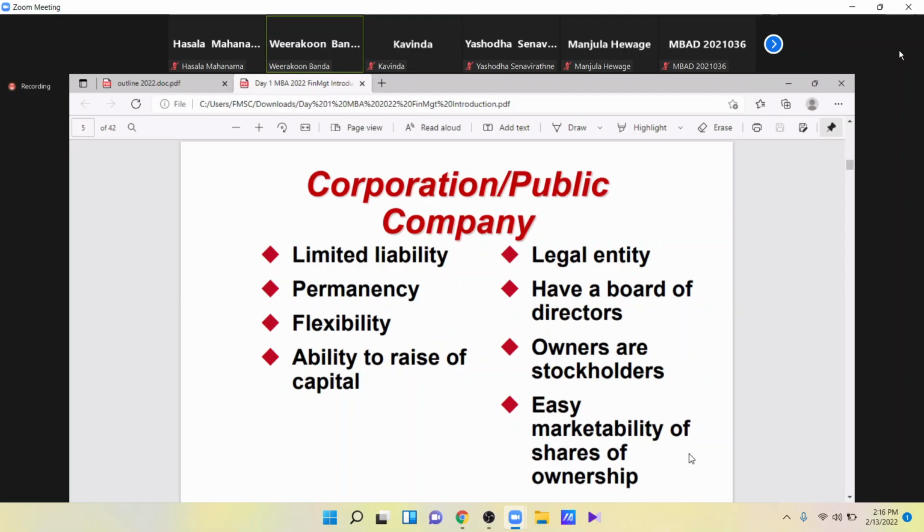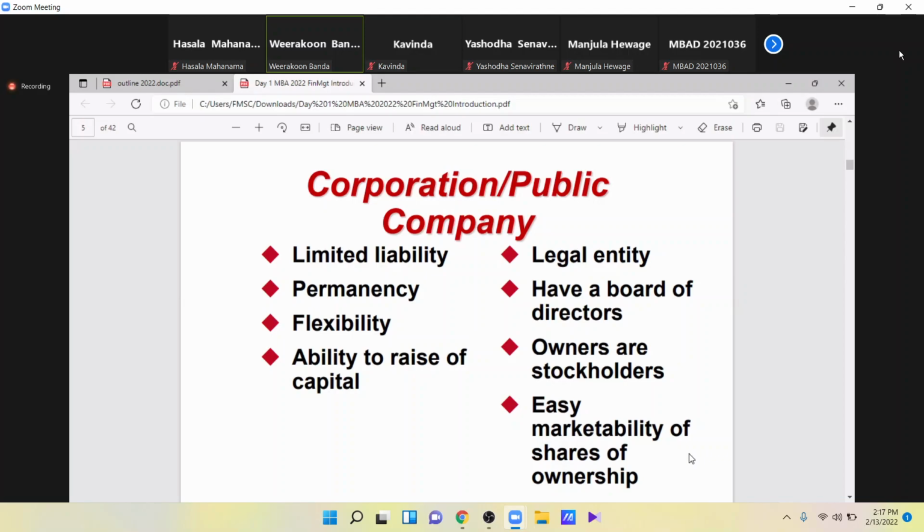Then the company has particular governing practices, a board of directors. They prepare annual reports and are governed by audit procedures. You have to submit your annual reports to the SEC or regulators.